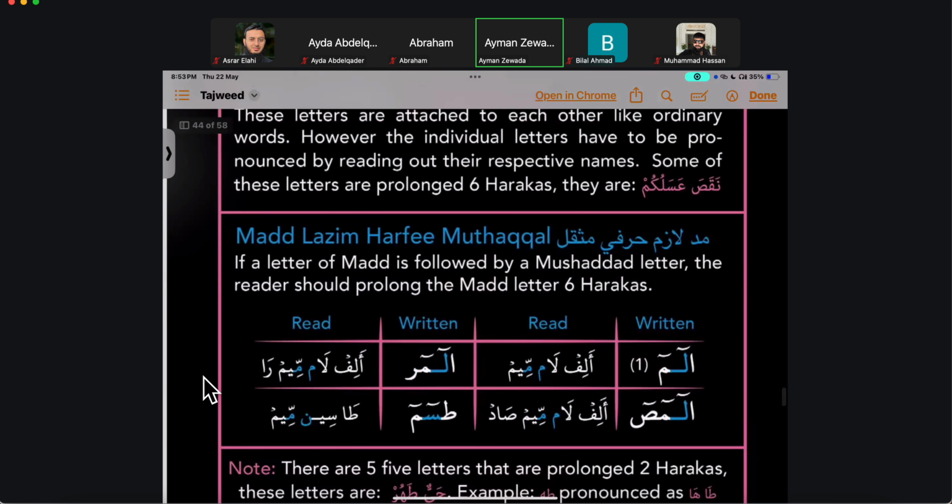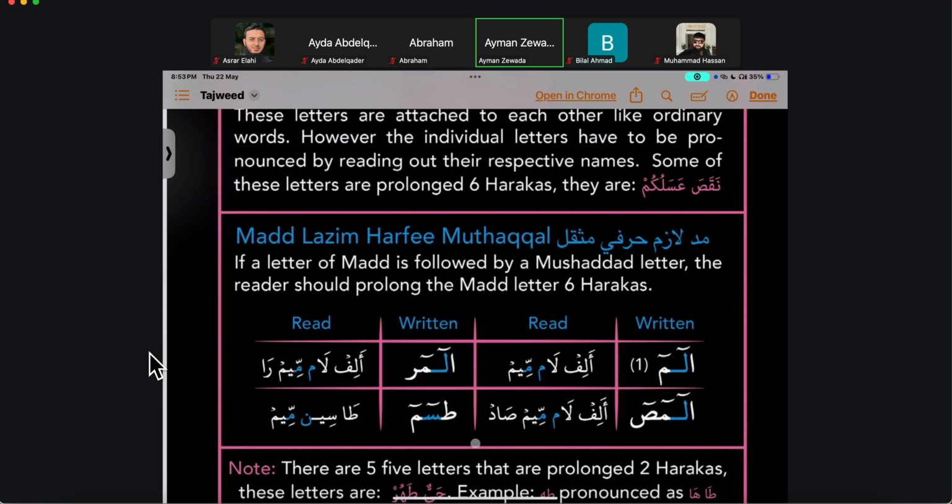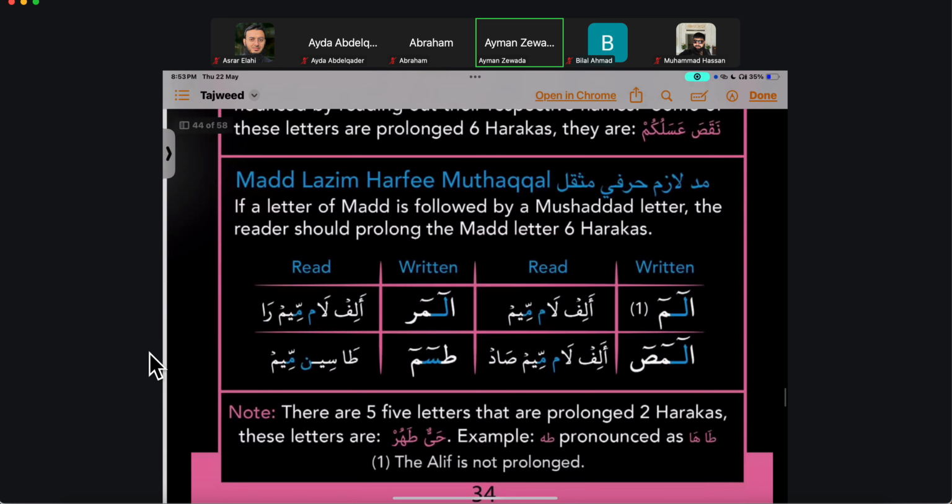Mad lazim harfi muthaqqal. That's mad lazim, which is harfi, pertaining to the letters, the huruf mutaqatti'a, and muthaqqal. That is, if a letter of mad is followed by a mushaddad letter, then the reader should prolong the mad letter to 6 harakas.